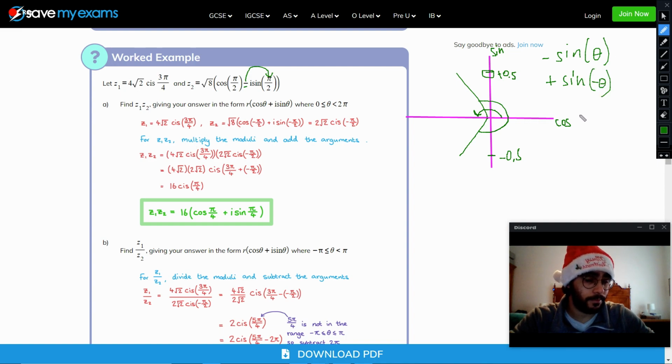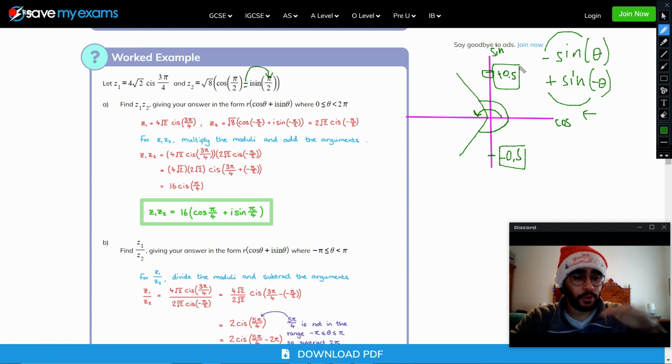For the following reason: between 0 and pi, you have all the time the positive sine. And if you go to the bottom side of the unit circle, then you have the sine all the time negative. So in both cases, negative times positive or positive times negative will give you the same value, because the absolute value will be the same, 0.5, but the sign will change based on if you go plus or minus angle, clockwise or anti-clockwise.